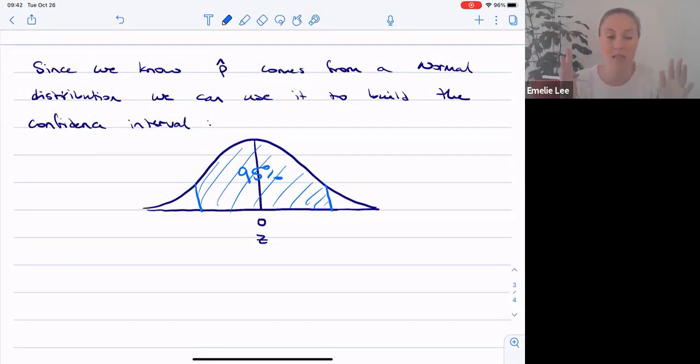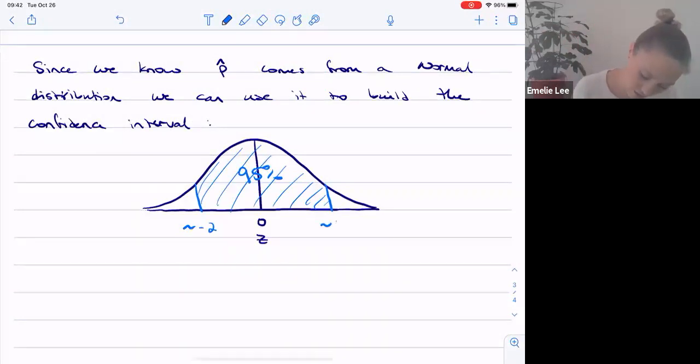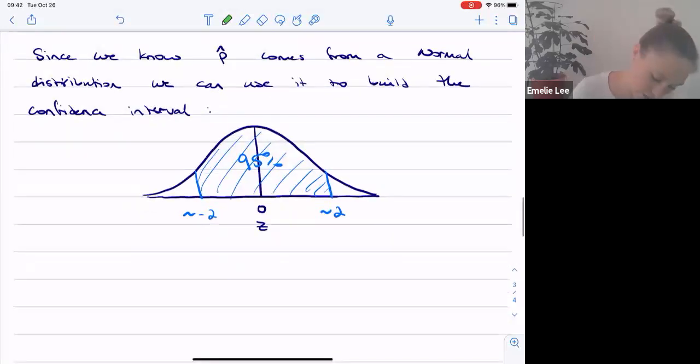So we think it's going to be about -2 and about +2. We're not okay with those ±2 anymore. We need a little bit more precision, right? And so what can we do? We use the Z table and we can find these values, and there will be an easier way to do it, but it's good to understand what it's doing, because otherwise we're dangerous, aren't we?